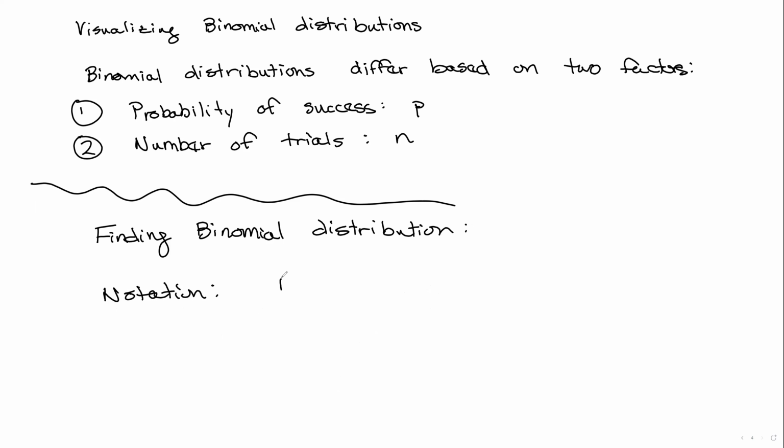This is the notation for binomial distribution. You put B and then a parenthesis, and you get N, P, X. The N here is the number of trials, and P is the probability.